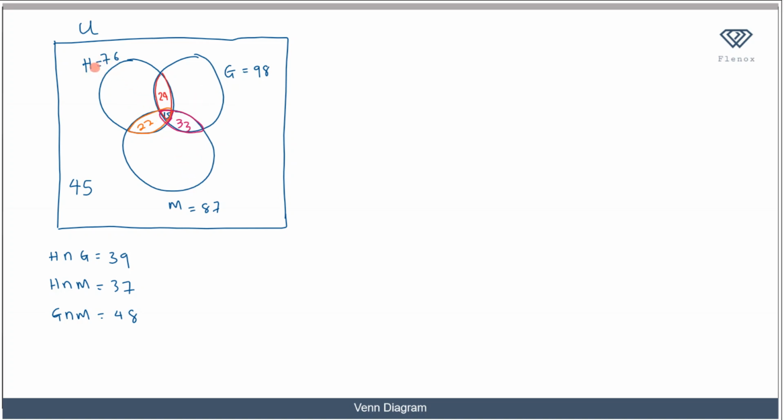Now we are told that the number of students that like history is 76, but this 76 is made up of everything within here. Out of everything within here, we know that this section represents 24, this section represents 15, and this section represents 22.